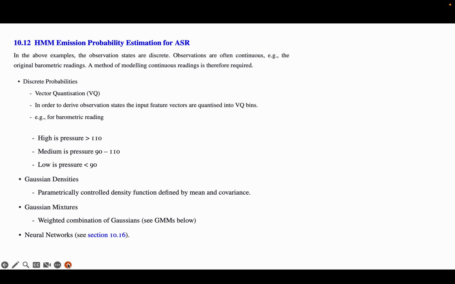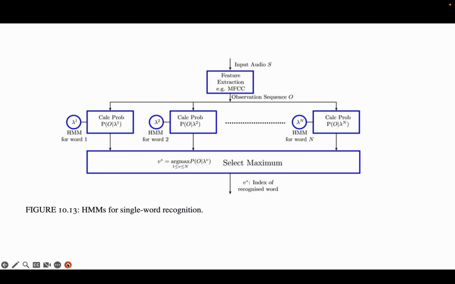So for example, for barometric pressure, your high would be pressures over 110, your medium would be pressures 90 to 110, and your low would be pressures under 90. Gaussian densities are parametrically controlled density functions defined by mean and covariance, and Gaussian mixtures would be a weighted combination of Gaussians, and then finally neural networks. So that's how we're sort of estimating things.